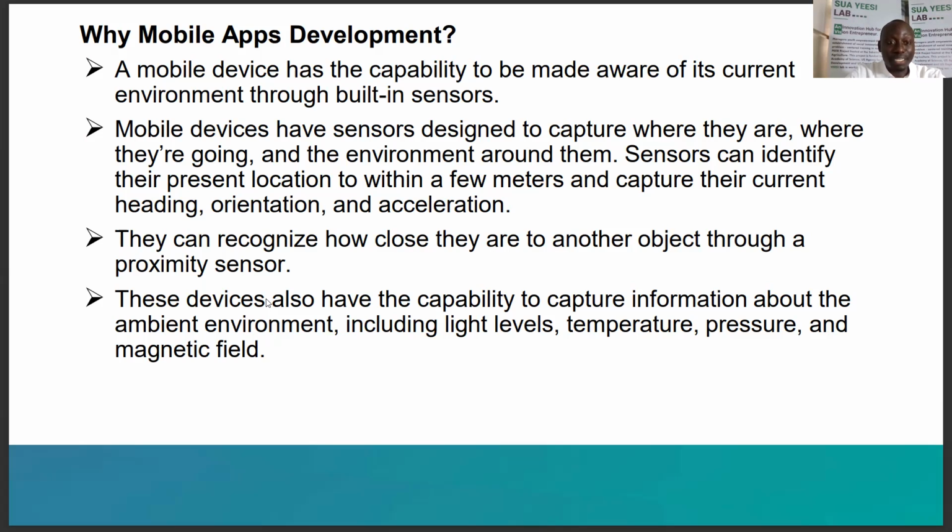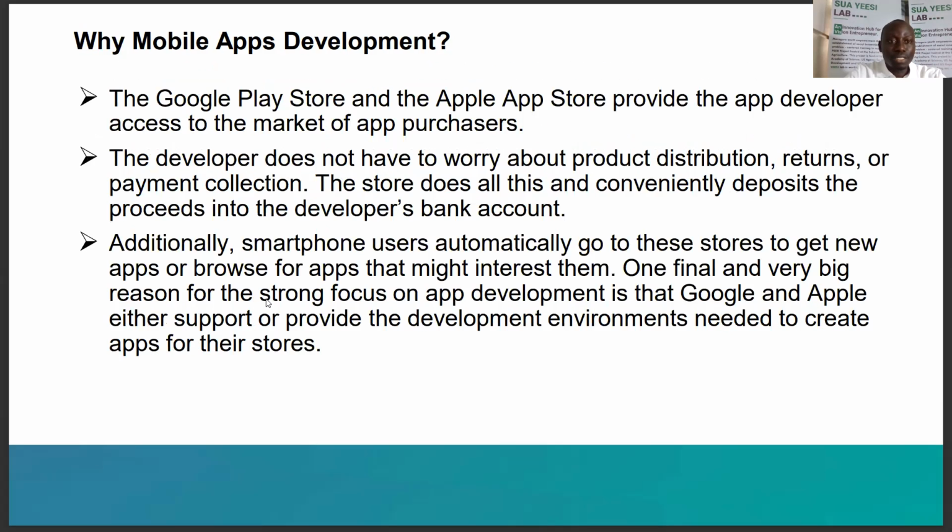So the Google Play Store and Apple App Store provide the app developer access to the market of app purchasers. Now the developer does not have to worry about product distribution or returns, for example, or even payment collection.